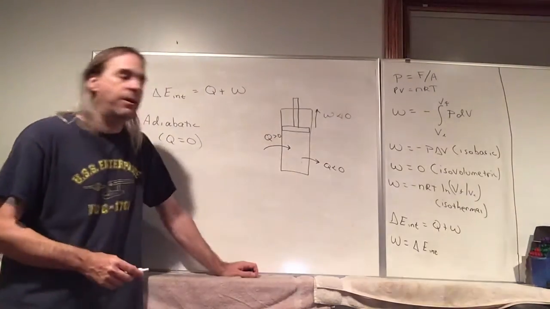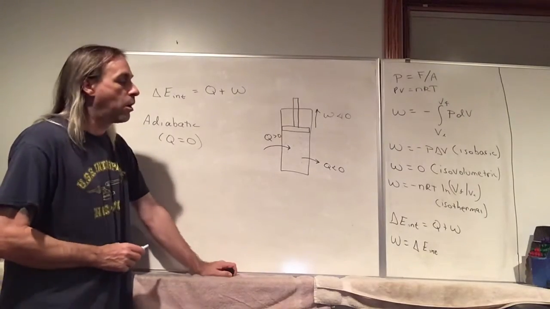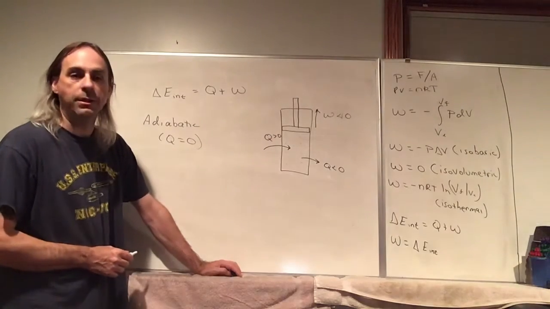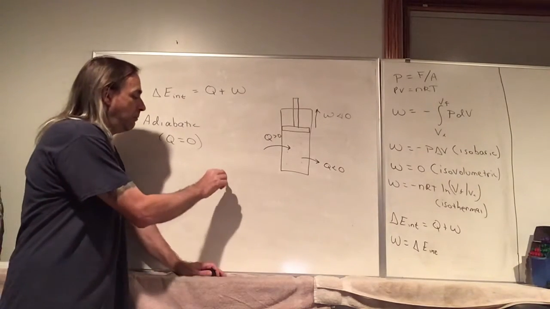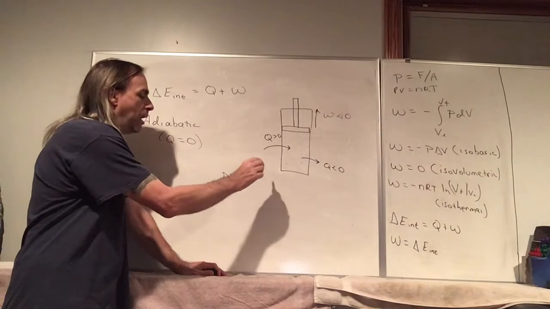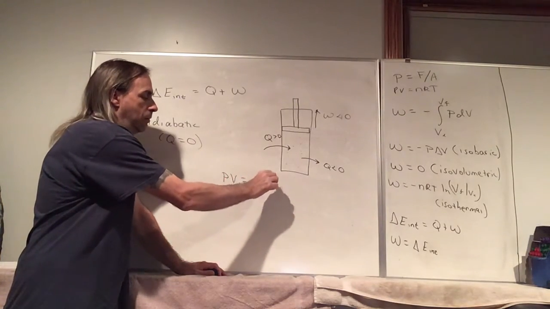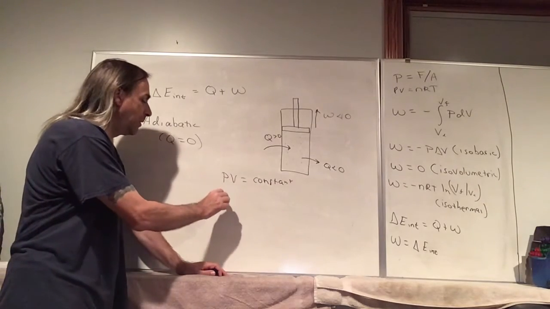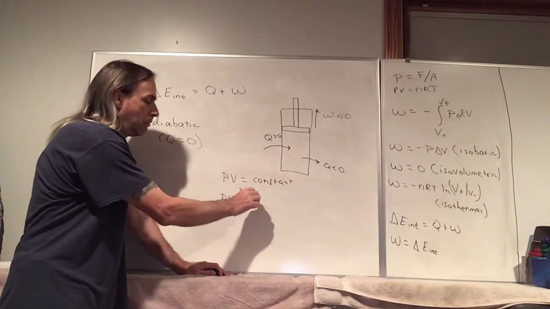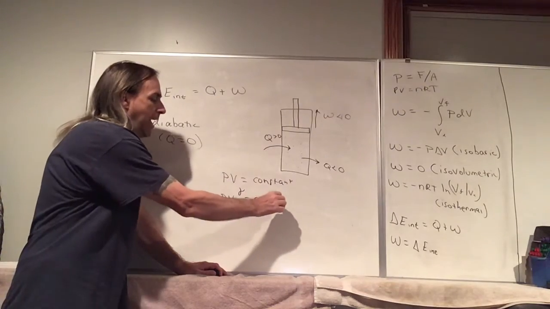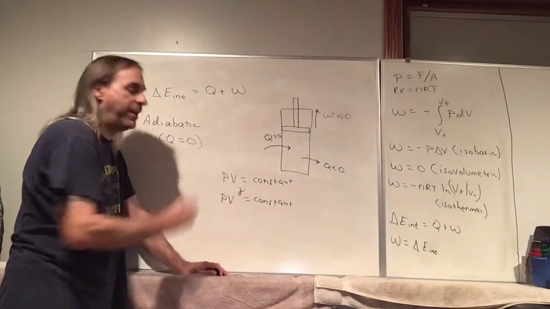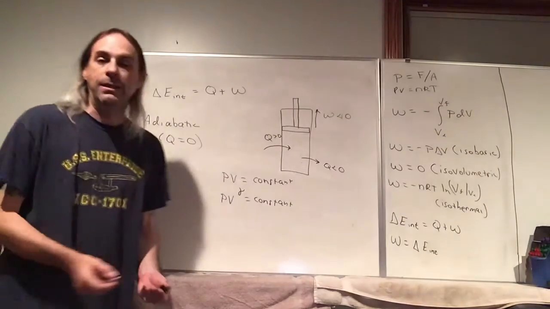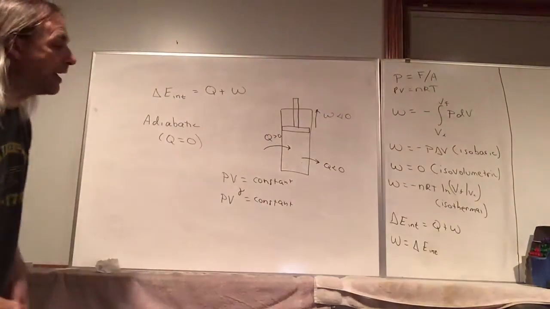Now later on, we're going to show this result for an adiabatic process. We know that for an isothermal process, the pressure times the volume is a constant. For an adiabatic process, you have PV to the gamma is equal to constant, where gamma is a number typically greater than 1.